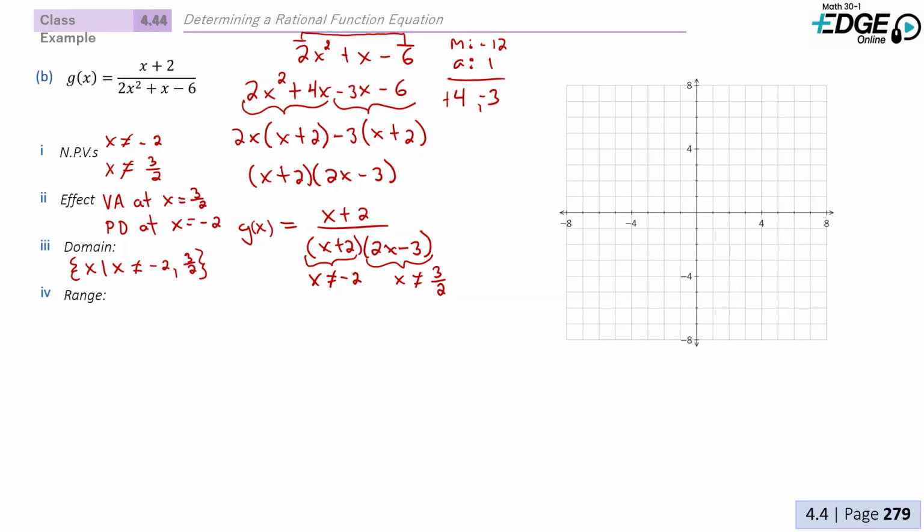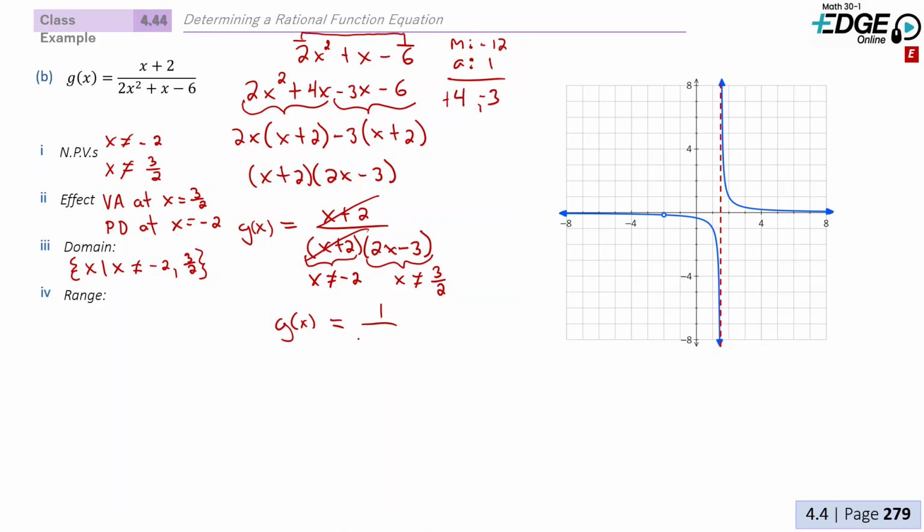All right, so before we do the range again, let's kind of put this all together. I think we can sketch this even without graphing it probably. So we have a vertical asymptote at x is equal to 3 over 2 or 1.5. So we could sketch that in. And then the general shape of that would have been, well, this would have simplified down to g of x is equal to, and then if we cancel the x plus 2's, it would have looked like this.